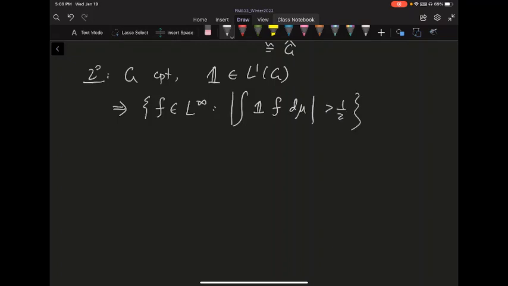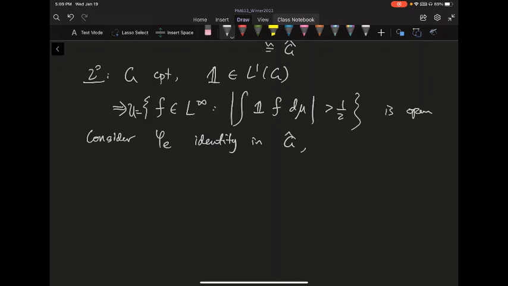Suppose the set is U. That's going to be an open set in the weak star topology, since you're testing against this one L1 function. All right, so now let's consider the identity character, phi e, inside G hat.